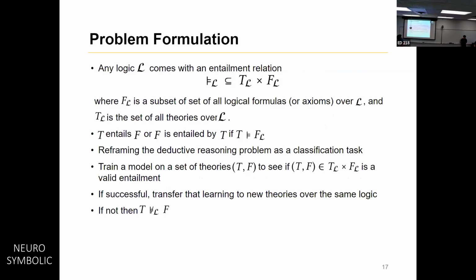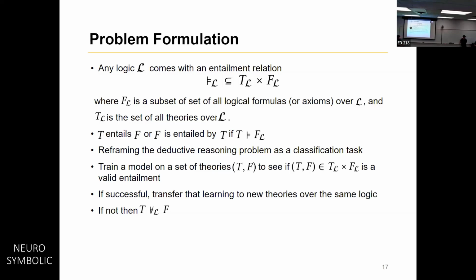And now we come to logical entailment, the problem that we're formulating in our actual paper. So any logic language or any logic system basically comes with an entailment relation where you have the theories, which is a set of all the logic formulas, and the formulas, which is a subset of the logic formulas. And you basically query the logic whether F is entailed by T, if F is concluded by T, or the theory concludes the formula.